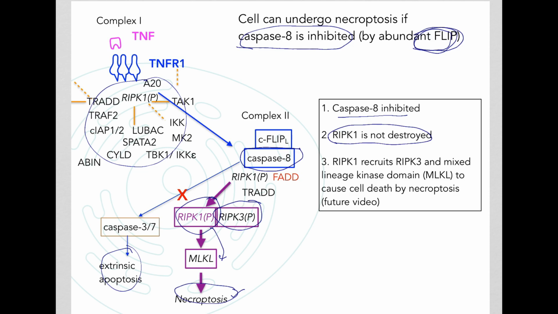So viruses and cancer cells that inhibit apoptosis can still undergo necroptosis. So this is a very nice program to help cells that are infected with viruses, or cancer cells, actually die to protect the human.